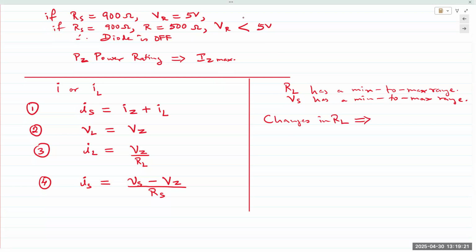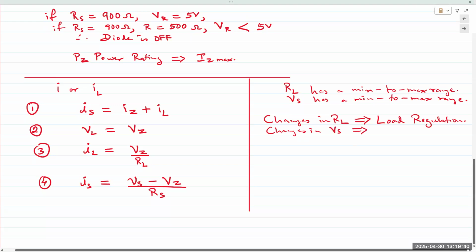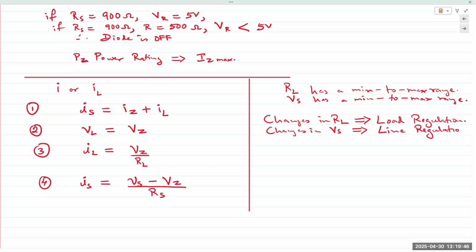We refer to that process as load regulation, meaning the load is changing and the Zener diode must maintain VZ constant. And changes in VS, the supply voltage, or the power line coming from the supply, is known as line regulation. So the Zener diode must work for both line as well as load regulation.